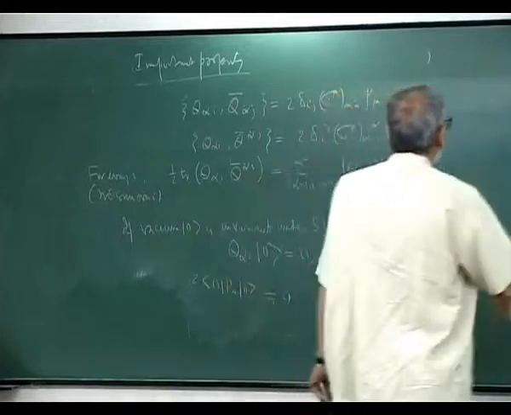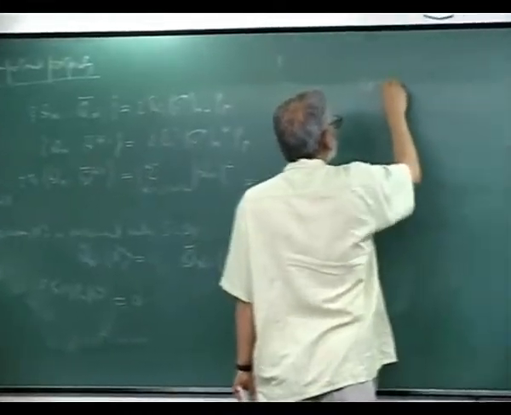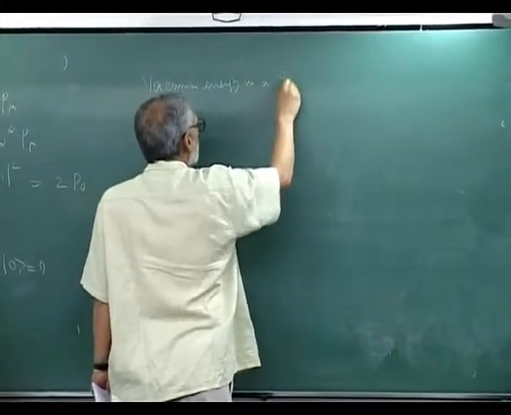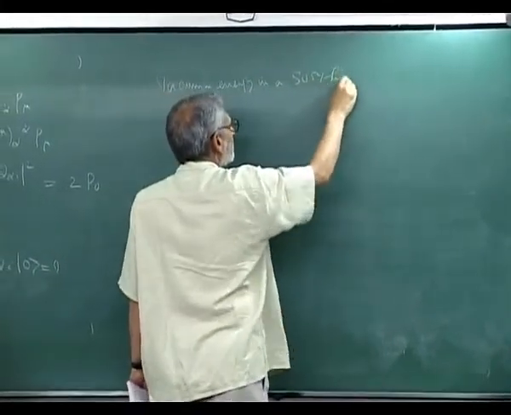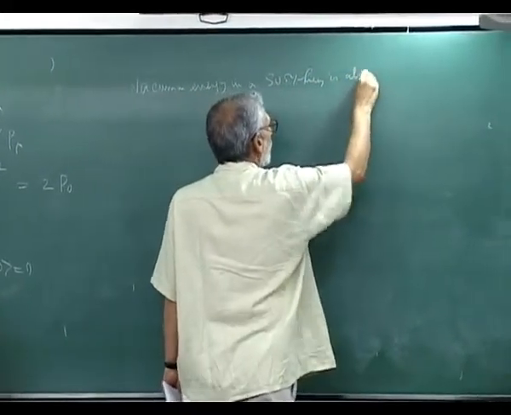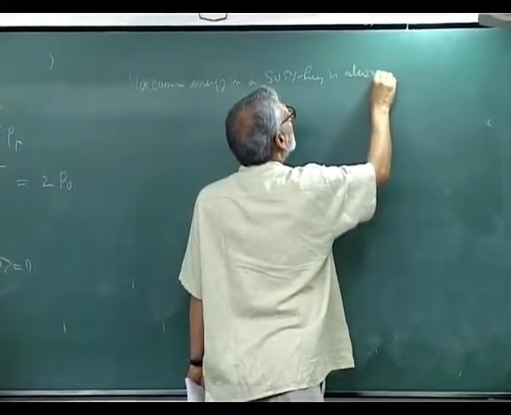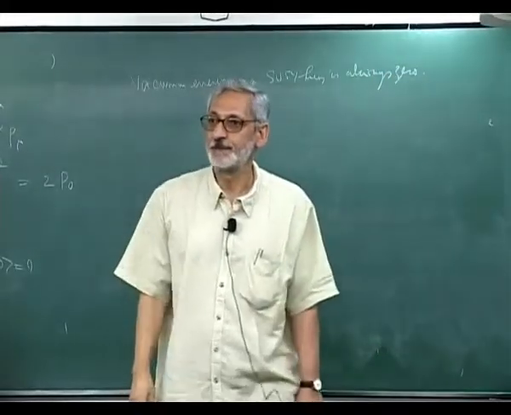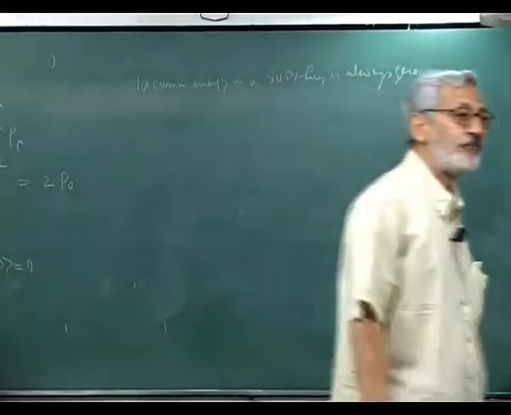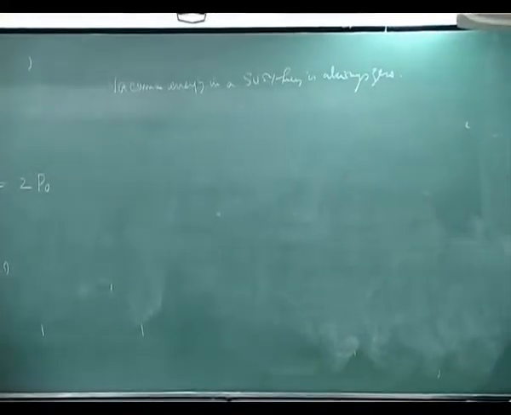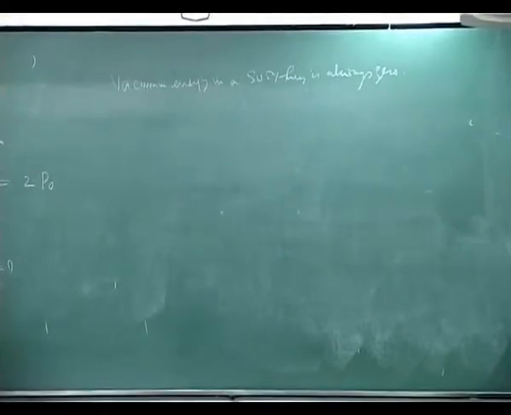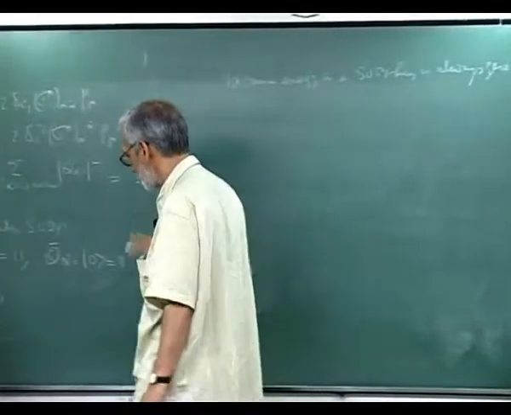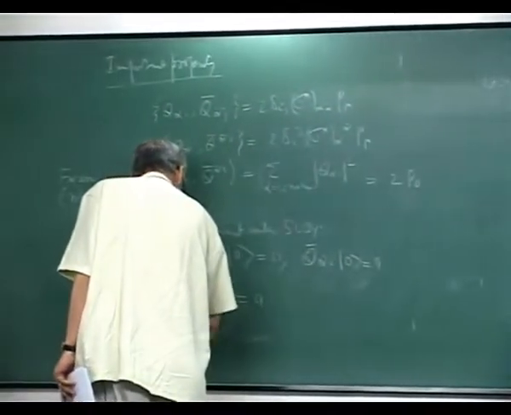So what it tells me is that the vacuum energy in a supersymmetric theory is always 0. Because P naught is energy, right? This is the vacuum energy.